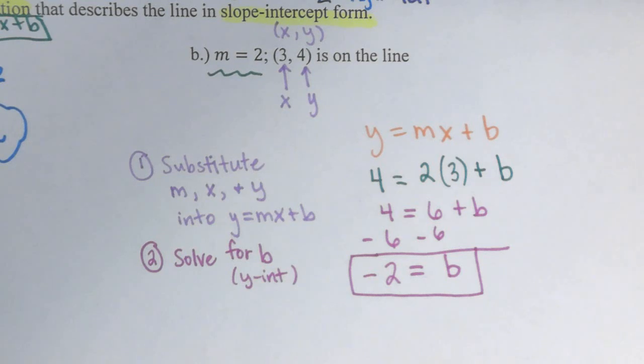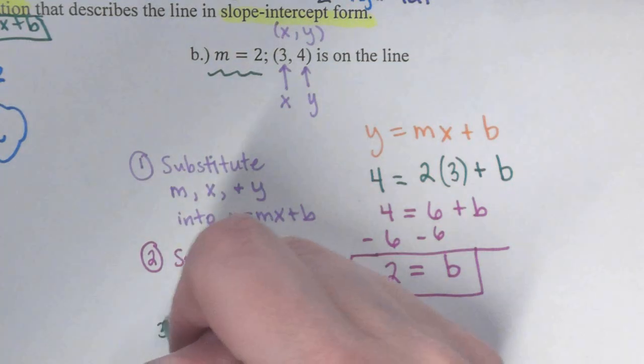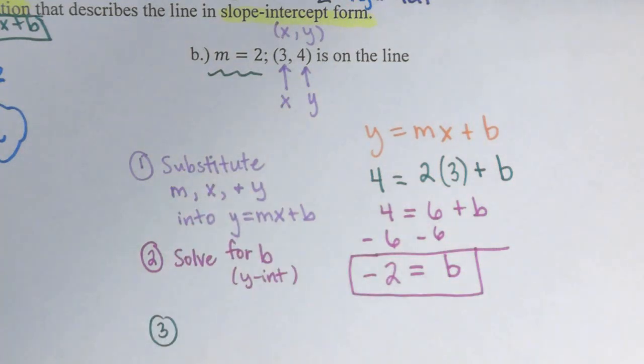And then there's one more step. Okay, so then your last step is, so you're trying to write this in slope-intercept form. The only things you need in order to write in slope-intercept form is m and b.